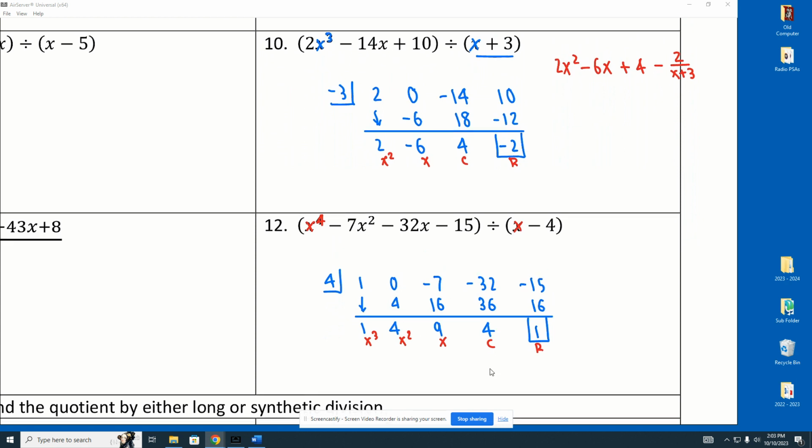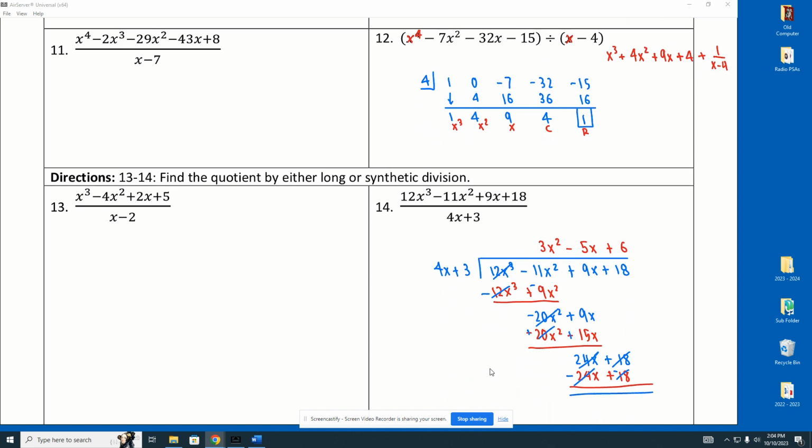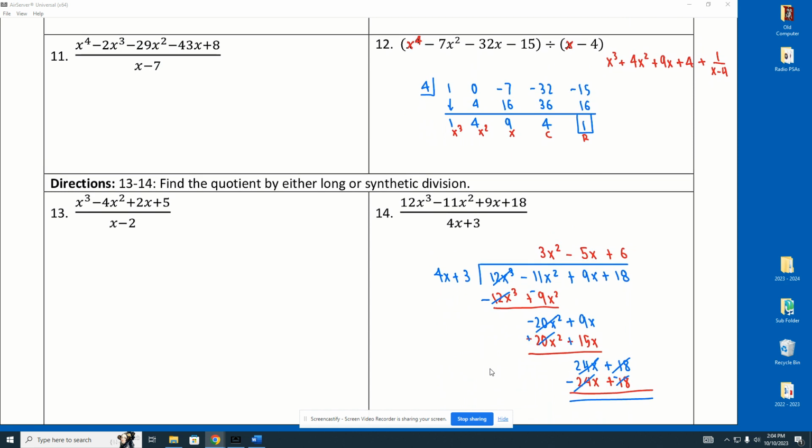So my final answer here would be 1x cubed plus 4x squared plus 9x plus 4 plus 1 over x minus 4. Okay? All right, number 14, I went ahead and just typed it, or I worked that one out.